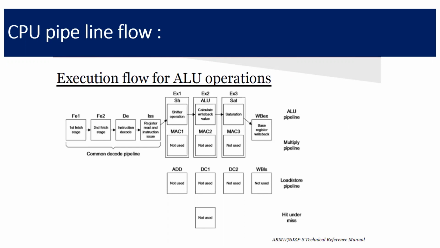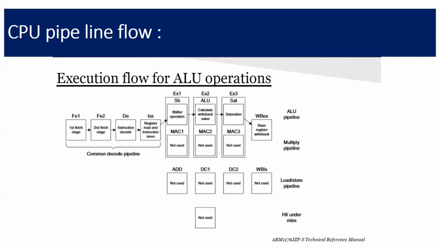Now, this type of architecture, as I told you, is also called superscalar architecture. Superscalar architecture was introduced by Intel in its Pentium type of processors. It can run a number of instructions in a parallel way.